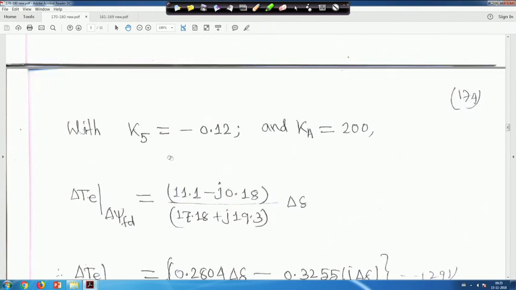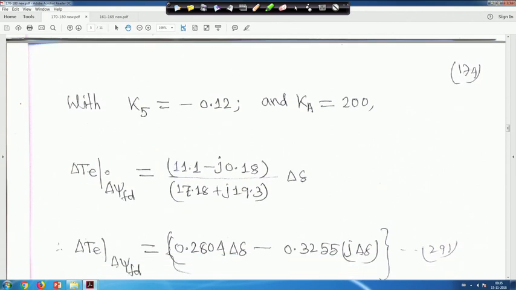In this case, if you put K5 equal to minus 0.12 and K equal to 200, then you will get the delta T component due to delta psi FD as 11.1 minus j 0.18 divided by 17.12 plus j 19.3 delta delta.